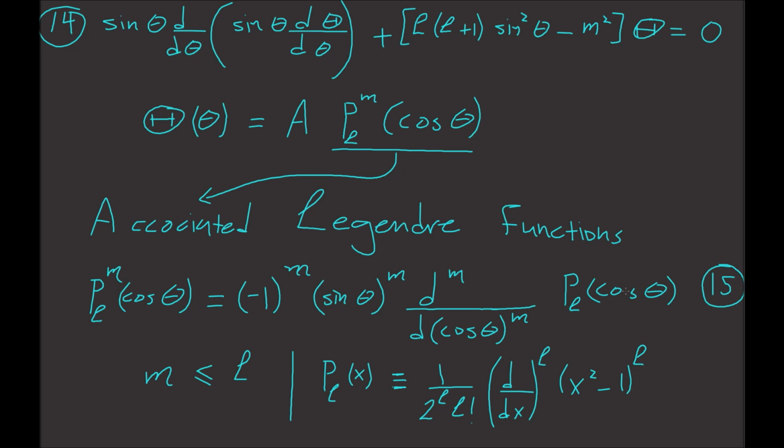Rodrigues' formula is in terms of X, but you can substitute cosine of theta for X. It's going to be basically the same thing.